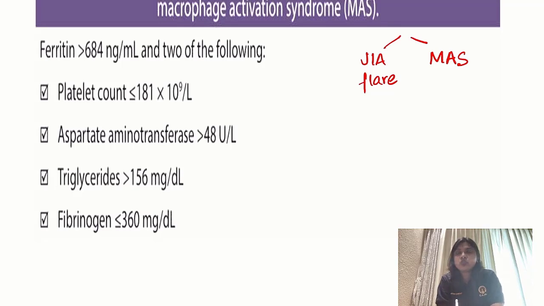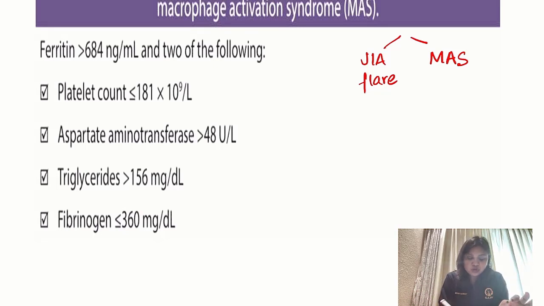So there was one question in INICET 2021 where one option was: serum ferritin is normal and counts are not raised in JIA flare-up. The answer is wrong, because ferritin is raised in MAS and the counts are low in MAS, but in JIA flare, the counts will be high.